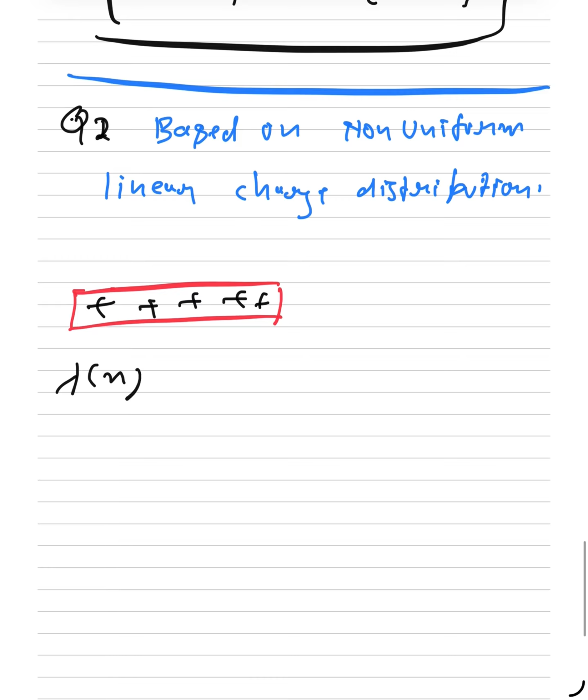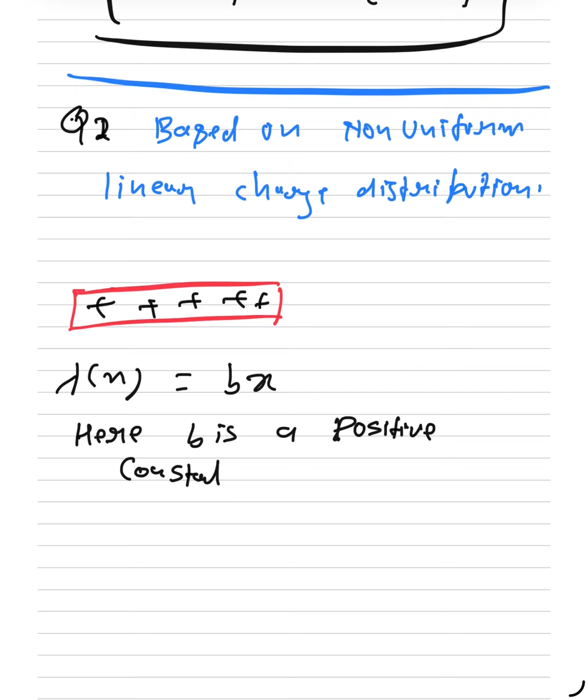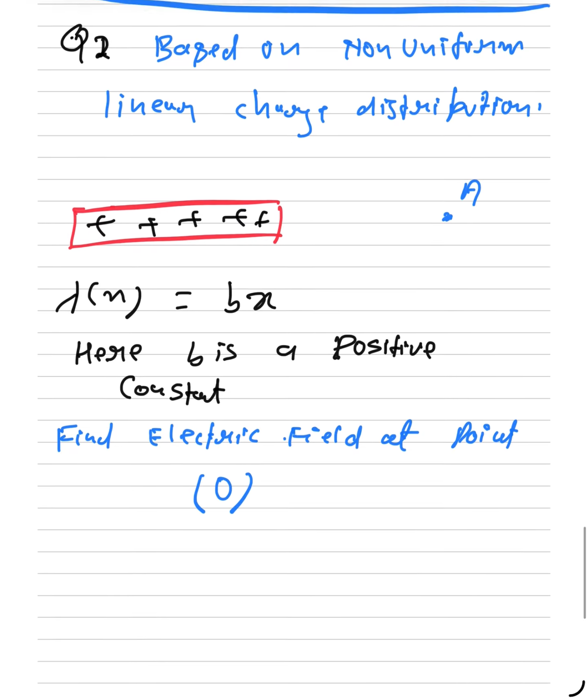Lambda is a function of x, and lambda equals b times x, where b is a positive constant, right. Find the electric field at point O, right.